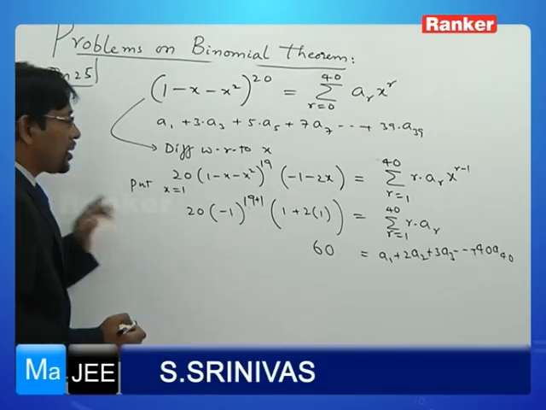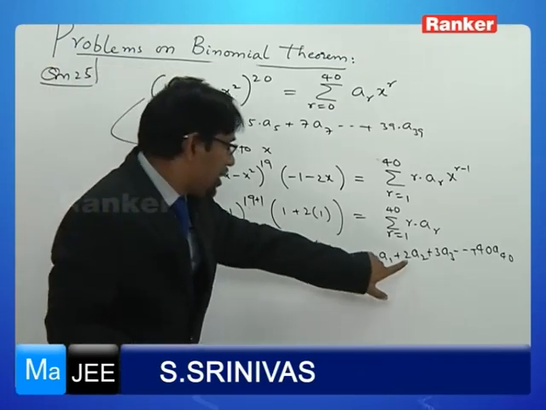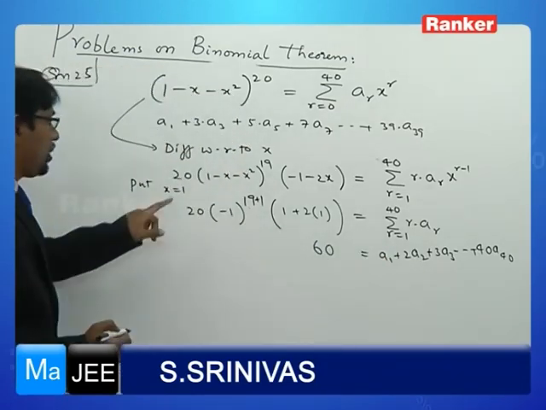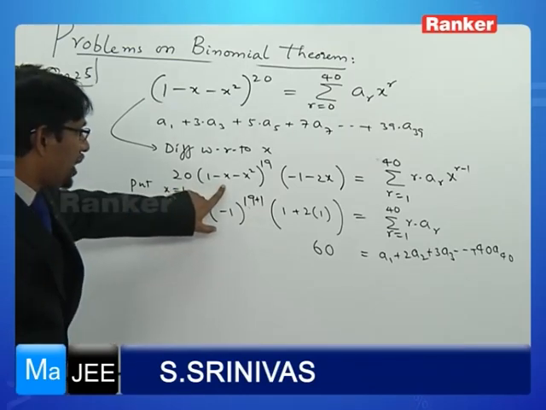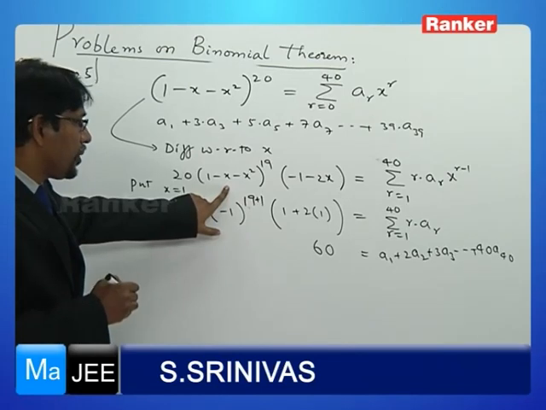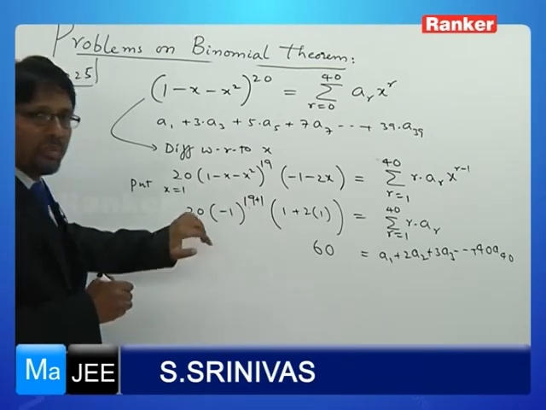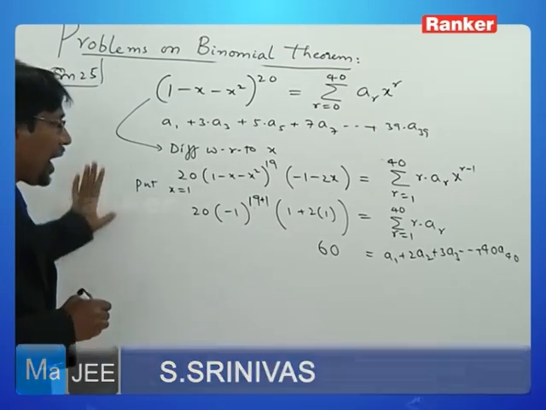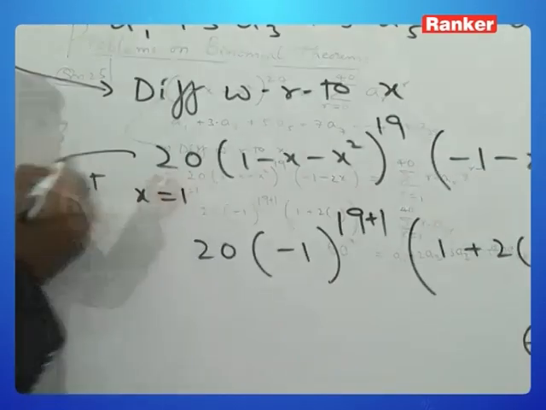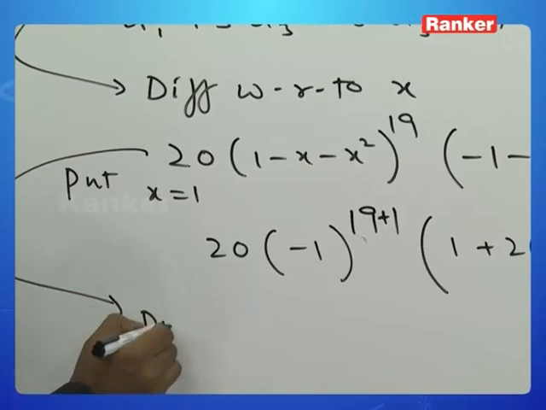Right. But we are not interested in even suffix terms. So what shall we do? In this expansion again, we put x equal to minus 1 and then subtract one from the other, or add the two terms there. So we put x equal to minus 1 here.